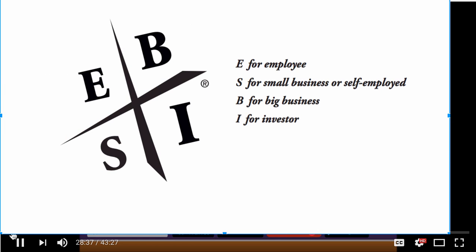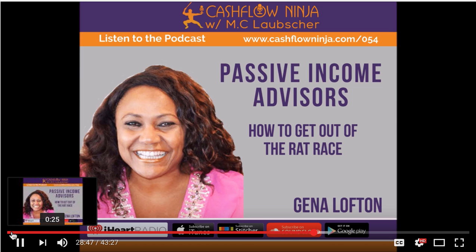As an example, on the E or the S, which is the employee or the self-employed small business owner, you might be paying at a federal level upwards of 40% or more. At a state level, if you live in New York or Connecticut or California, you will be paying another 10, 12%. So you're above 50, 52% with just federal and state.